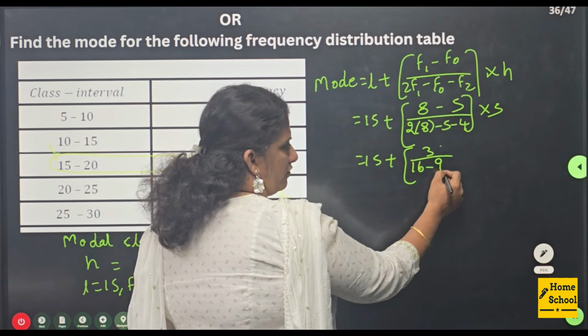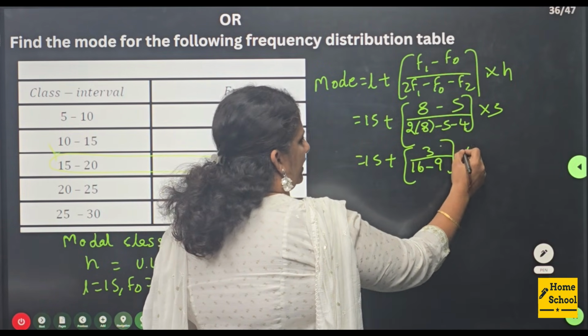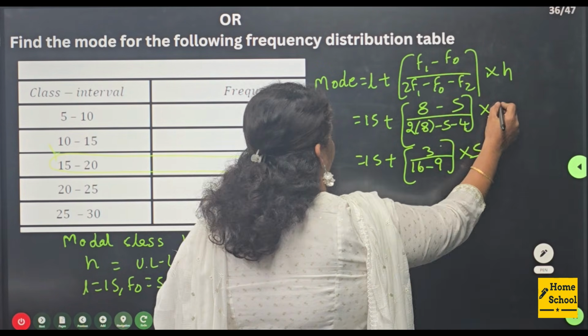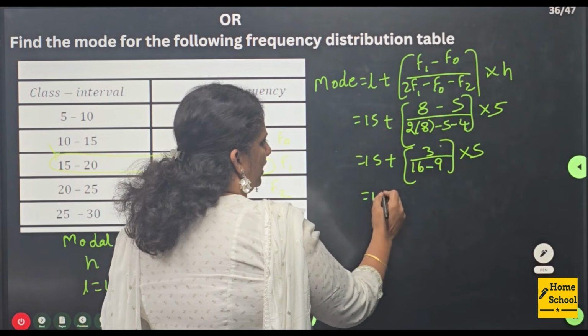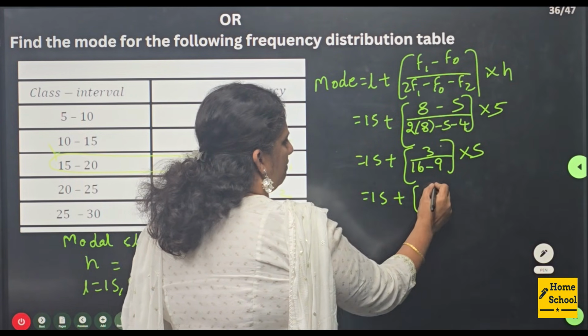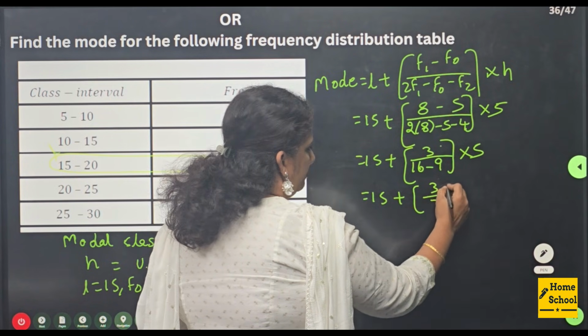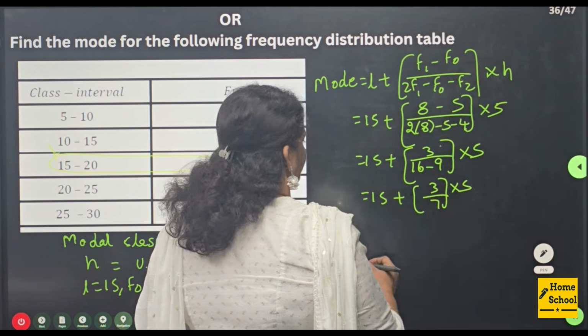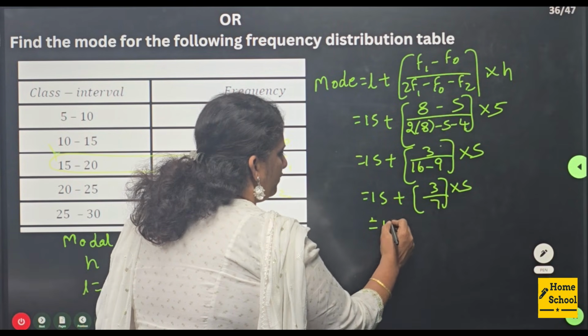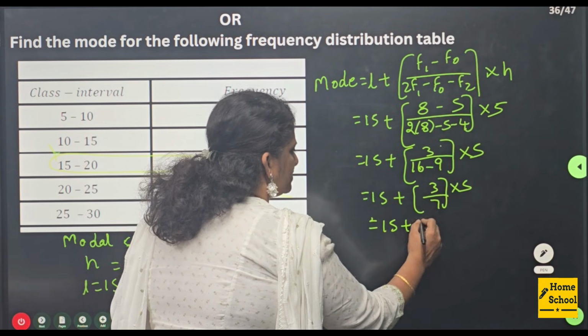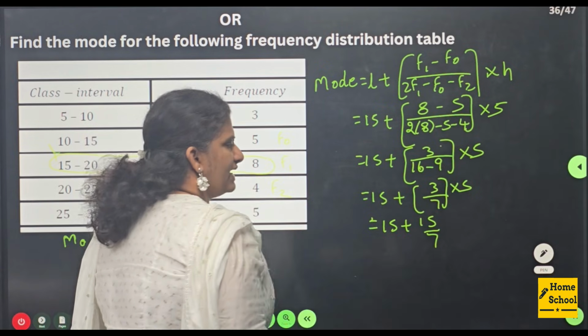Minus 5 minus 4 will be minus 9, into 5. 15 plus 3 by 16 minus 9, it will be 7, into 5. 15 plus 3 5s are 15 by 7.